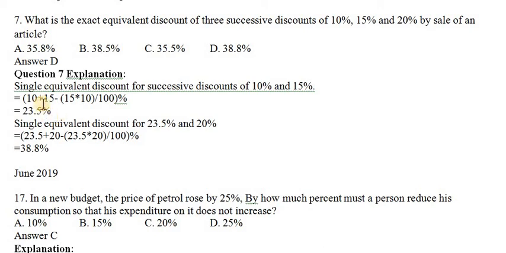Same formula: 23.5 plus 20 minus the product of these two divided by 100, so it is 38.8, okay.